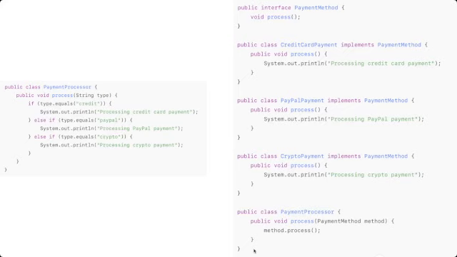It's bad. On the right side, we can see the correct code, and we can add a new payment type by just creating a new class. We don't touch existing code. The payment processor class will be the same.